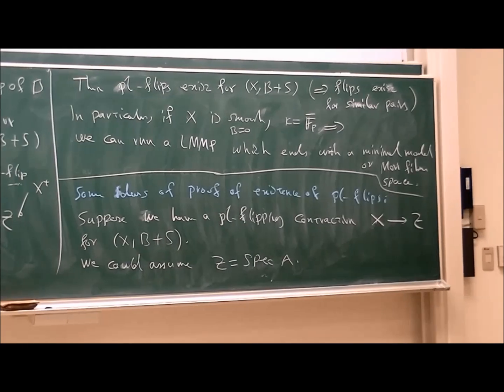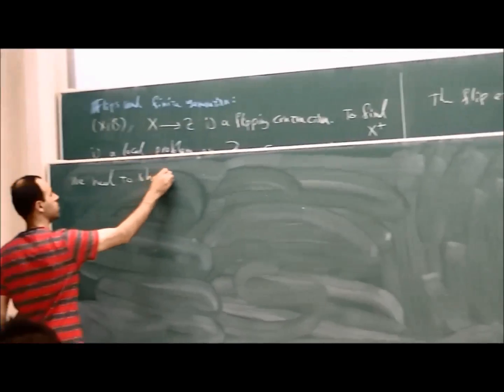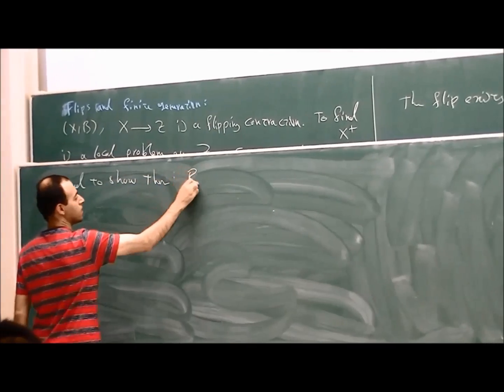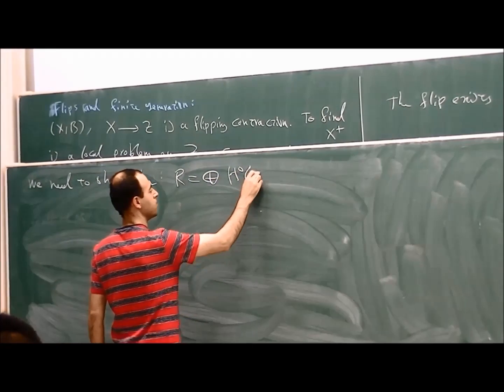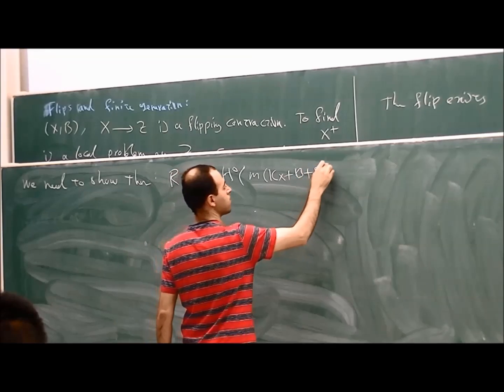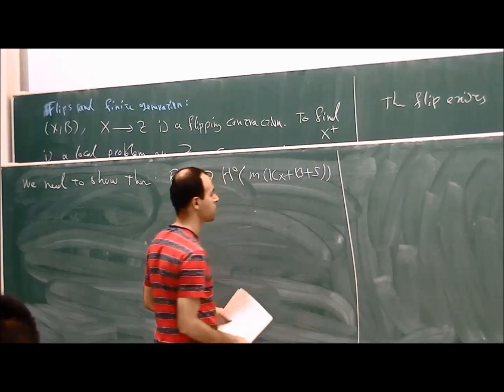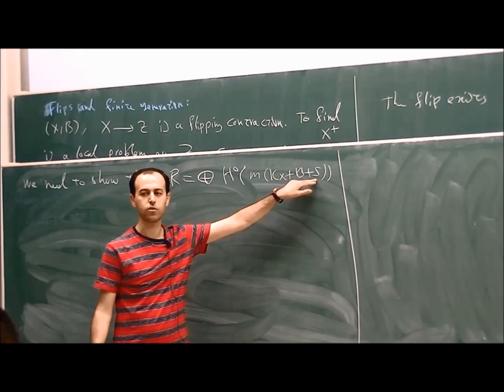So we need to show that this ring, I'll write it again, is finitely generated. It's exactly as before, except that now we have this one component with coefficient 1.